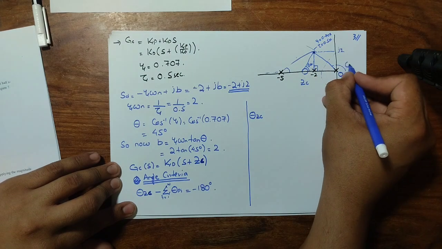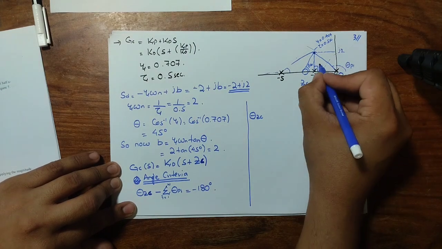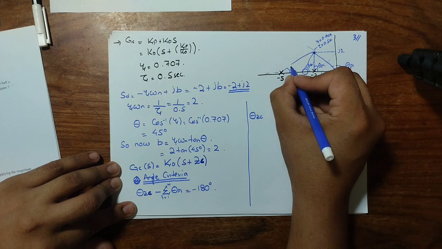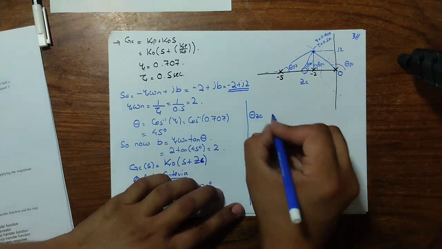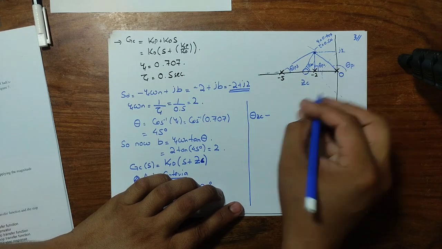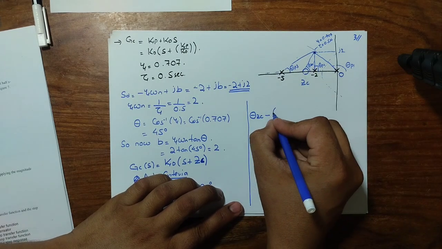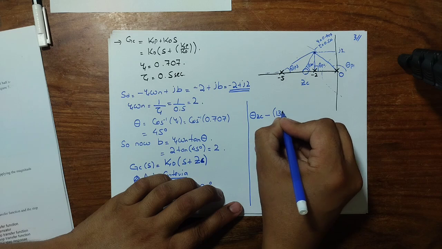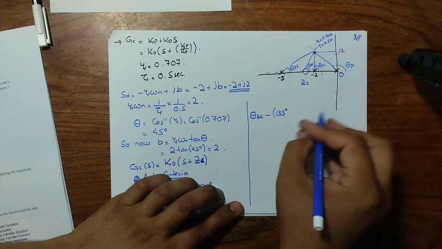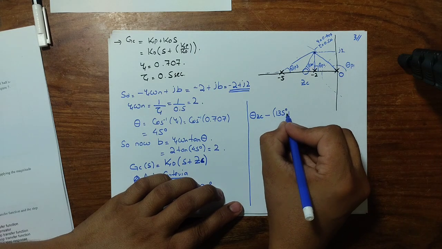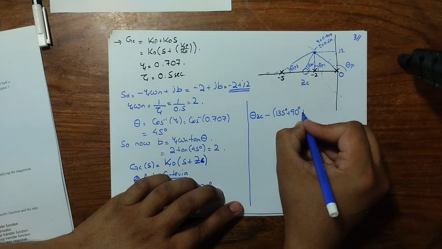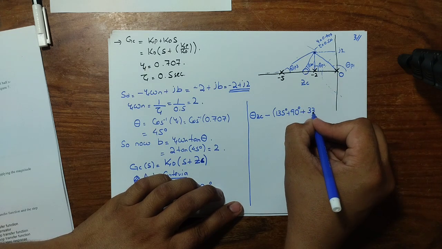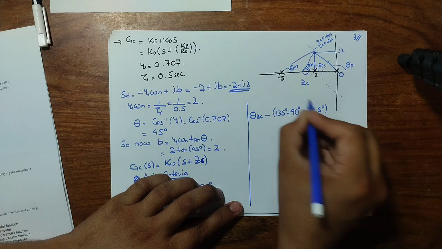Let's call it theta p1, this is theta p2, and this is theta p3. So the angle criteria implies that we have angles of 135 degrees for theta p1, then an angle of 90 degrees for theta p2, and then an angle of 33.6 degrees for theta p3.